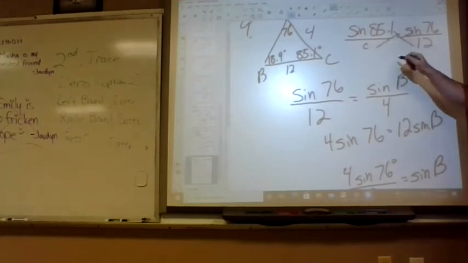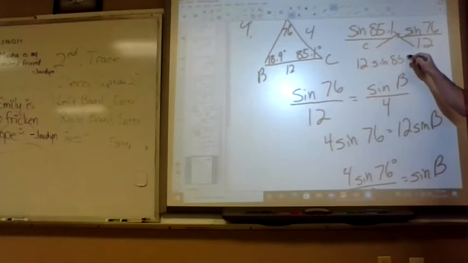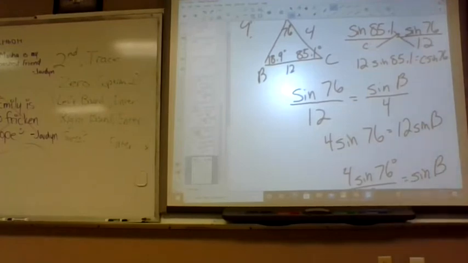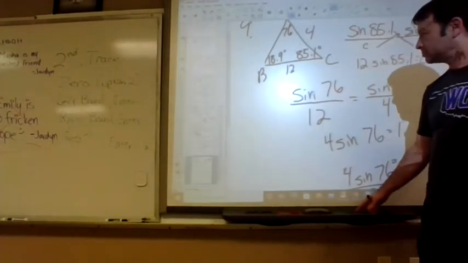Cross multiply: 12 times sine of 85.1 equals C times sine of 76. So it's divided by sine of 76. Yep.